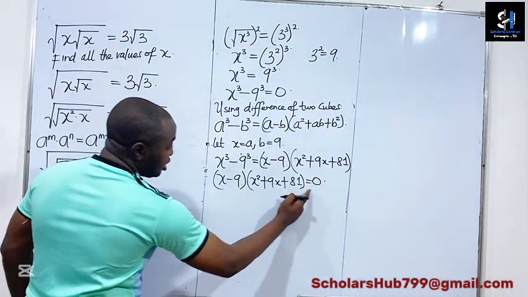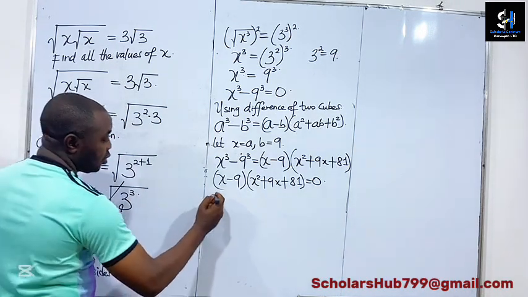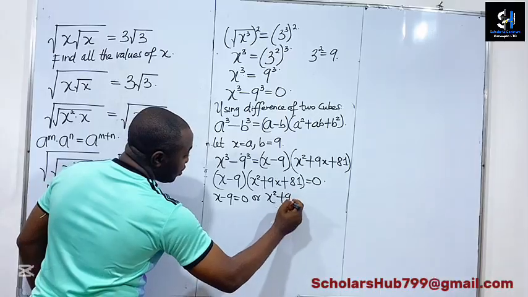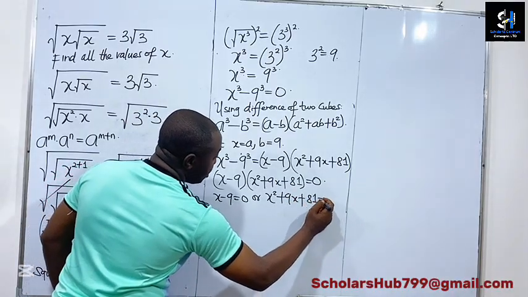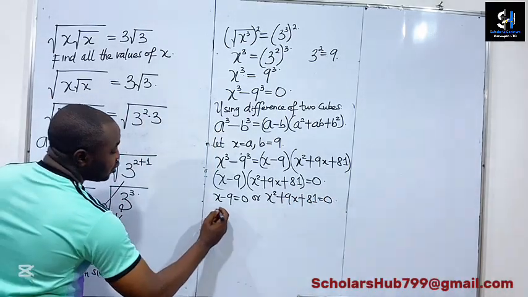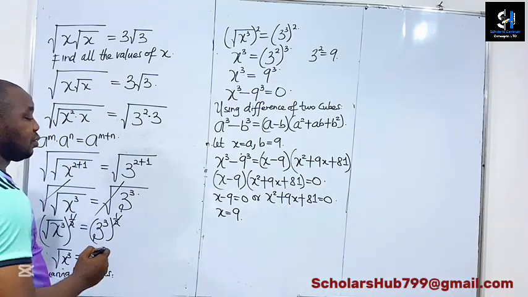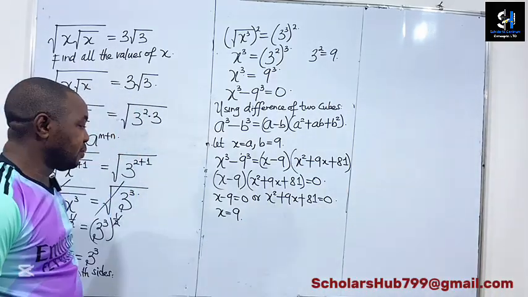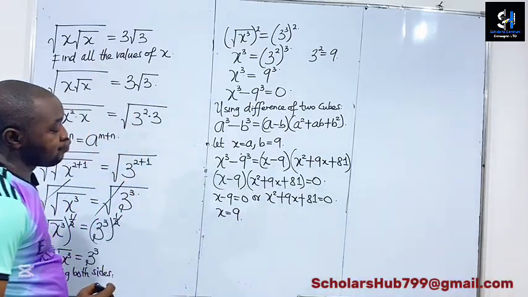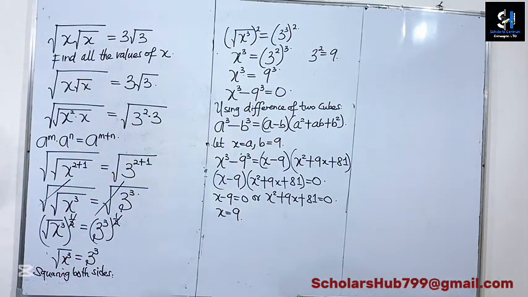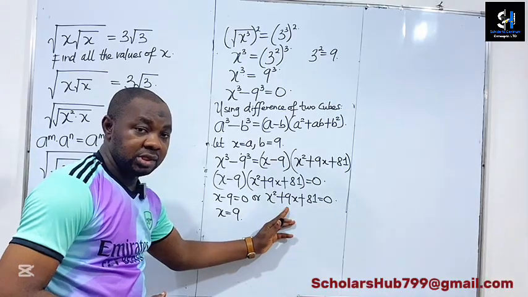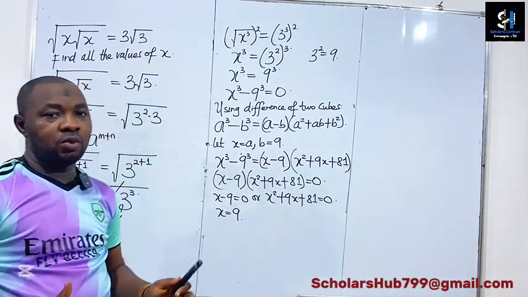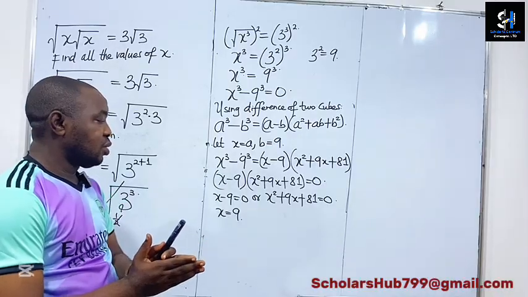So we're going to set each of these equal to 0. We have x minus 9 equals 0, and also x squared plus 9x plus 81 equals 0. So the first value of x will be 9. Now in this case, we won't be able to factorize this because there are no two factors of 81 that when added together will give 9.